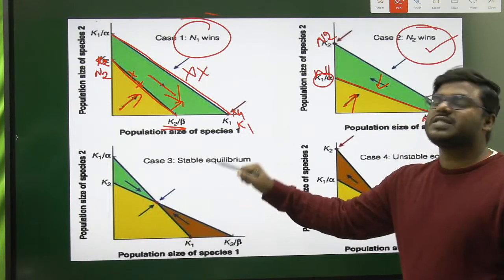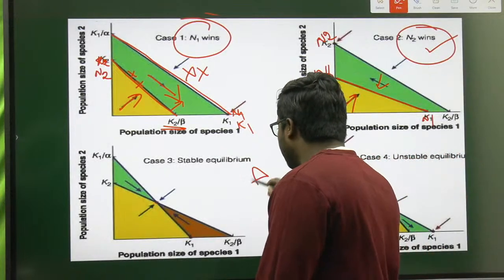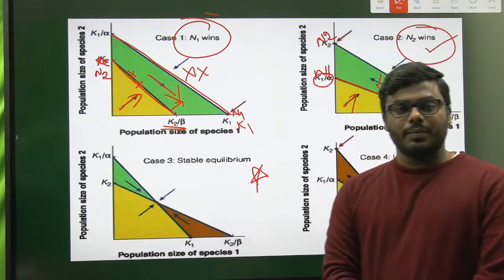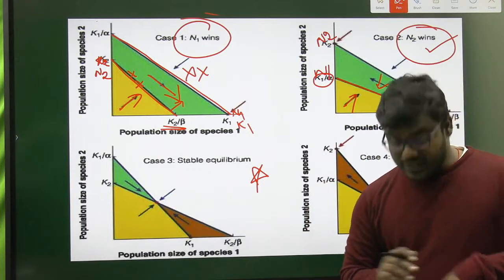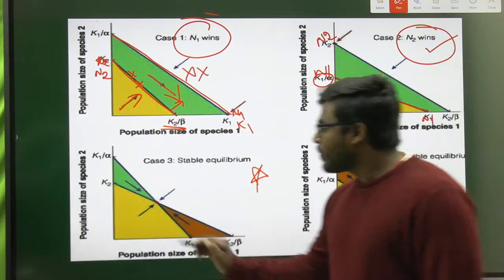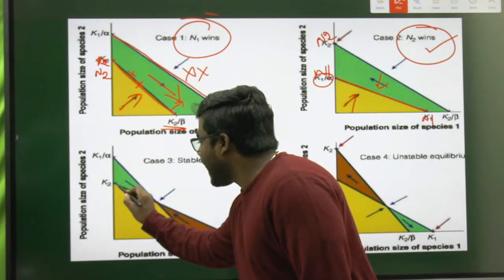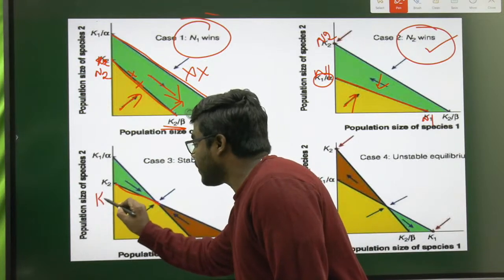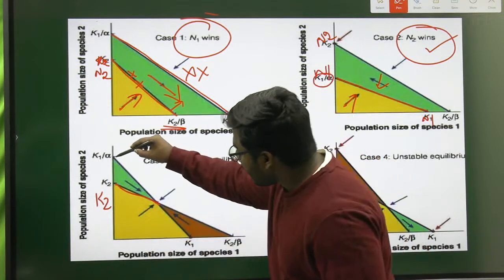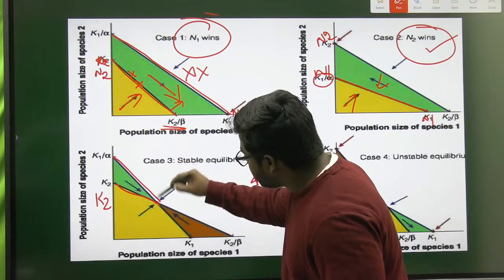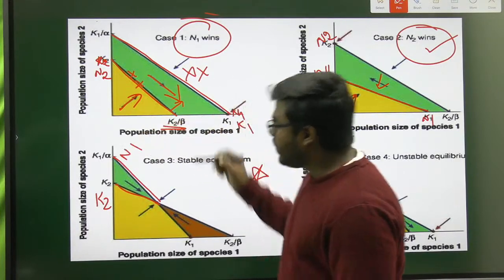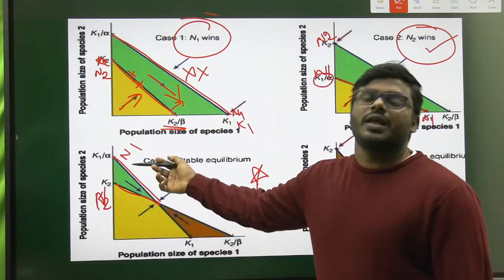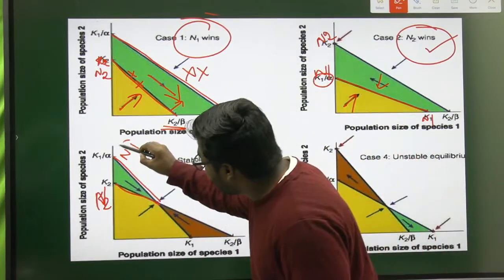Now, this is the most important one. The third one, which we call a stable equilibrium. I'll tell you in a very simple way, friends. Try to understand it. This is the isocline point of N2, or K2. This is the isocline point of N1. So this is N2 and this is N1. Here you can easily tell me N1 is going to win.